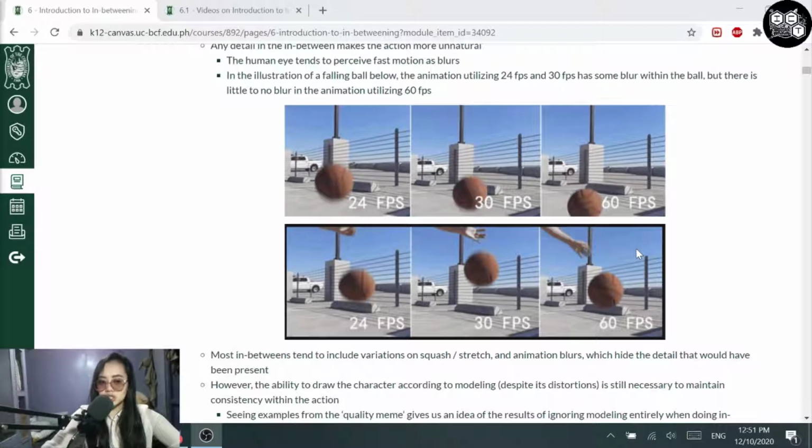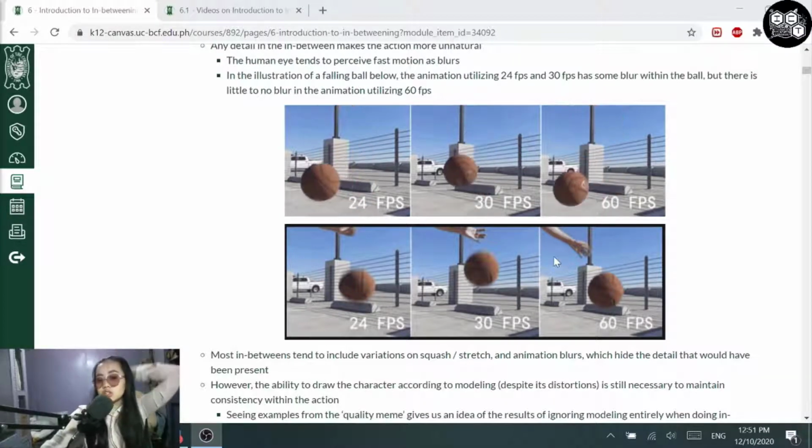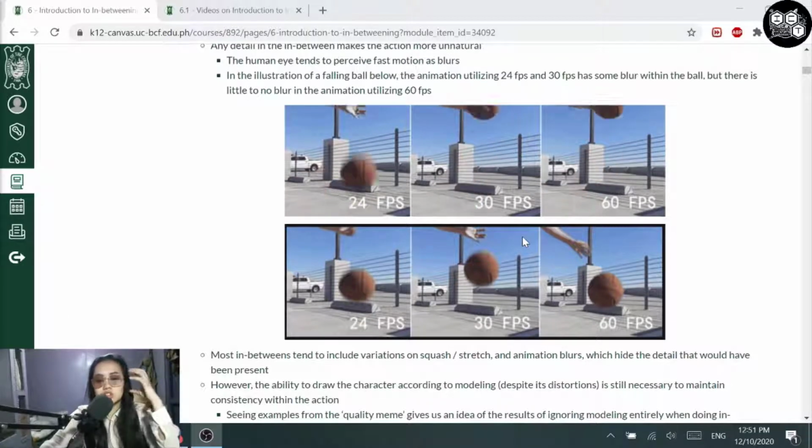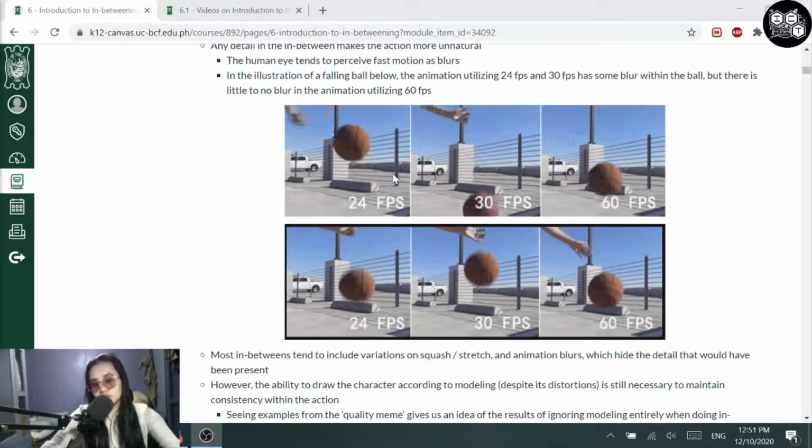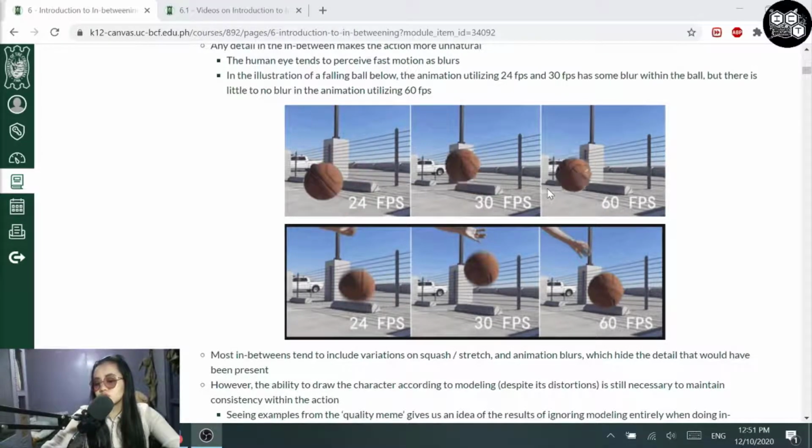However, for animation, you don't really need that 60 FPS. You can see quite a lot of things on the internet wherein traditional animations or slower animations at 24 FPS are turned to 60 FPS, and the results are very jarring. You can almost see it right here.